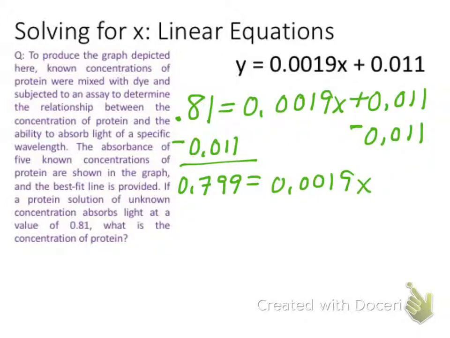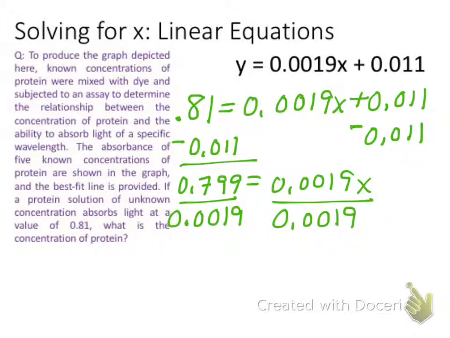Now the last thing we need to do is divide both sides by the multiplier of x. So divide both sides by 0.0019, and that means that now x is completely isolated, and we have a value on the other side of 420.526.